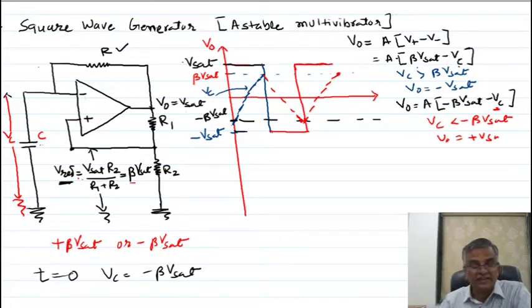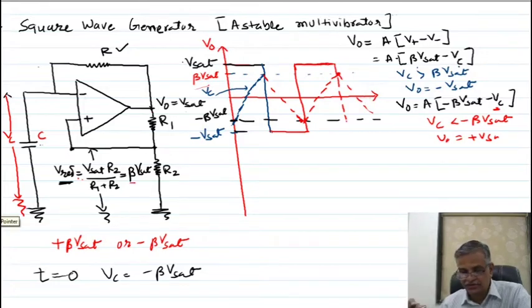When the voltage at the capacitor is more than beta V set, it again starts to discharge. In this way, by charging and discharging of the capacitor, I get my output as a square wave of periodic time T.